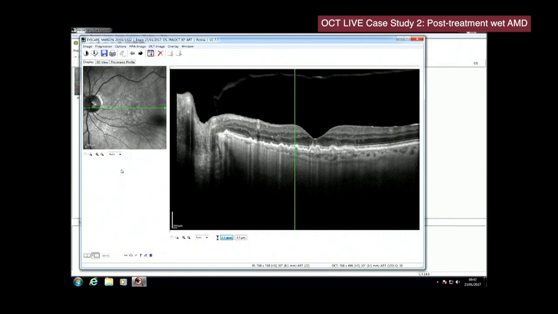If it is an occult membrane, sometimes you don't see any fluid on the OCT, but if we do a fluorescein angiogram, then we can see mild leakage. And we should go with the patient's symptoms. If they say, I definitely see a distortion, but we don't see anything on the OCT, we still need to refer the patient. But if patients are happy, they are maintaining their vision, and you are happy with a scan like this, where you don't see any fluid, then the patient can be monitored.